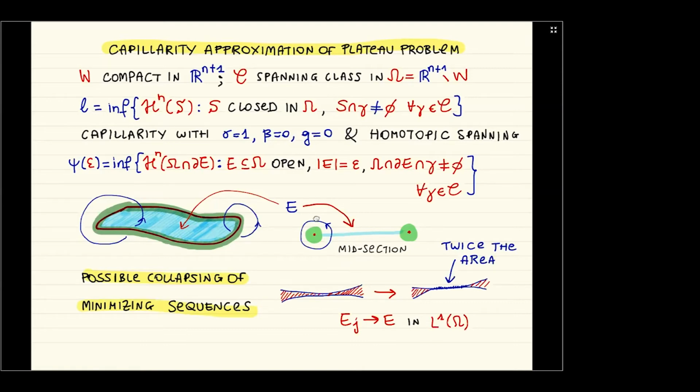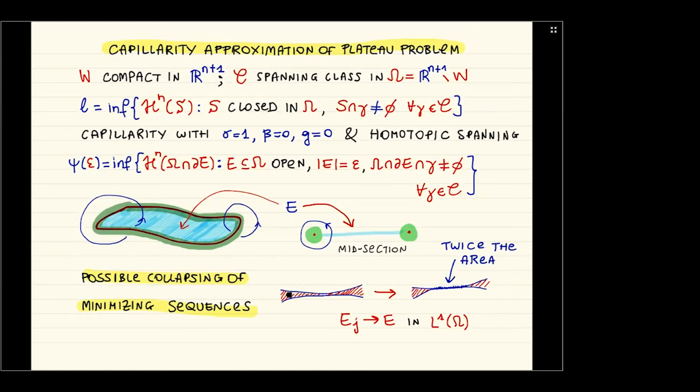Of course, this is a very degenerate variational problem, because what could go wrong? A lot of things. So if you take, for example, a minimizing sequence E_j, so a sequence of sets whose areas, here perimeters, go to the infimum in the problem, these sets may very well decide to collapse somewhere.